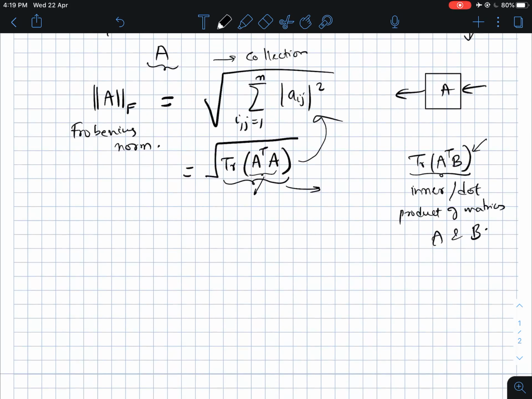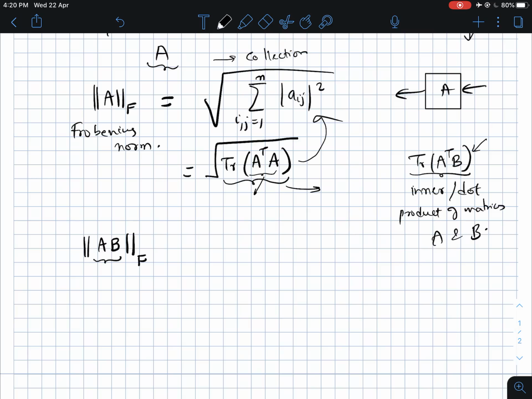So this is what the Frobenius norm is, and we discussed it also in the beginning of this course. Here, what I'll try to do is look at some very interesting properties of the Frobenius norm. In particular, how does the Frobenius norm behave with respect to matrix multiplication?